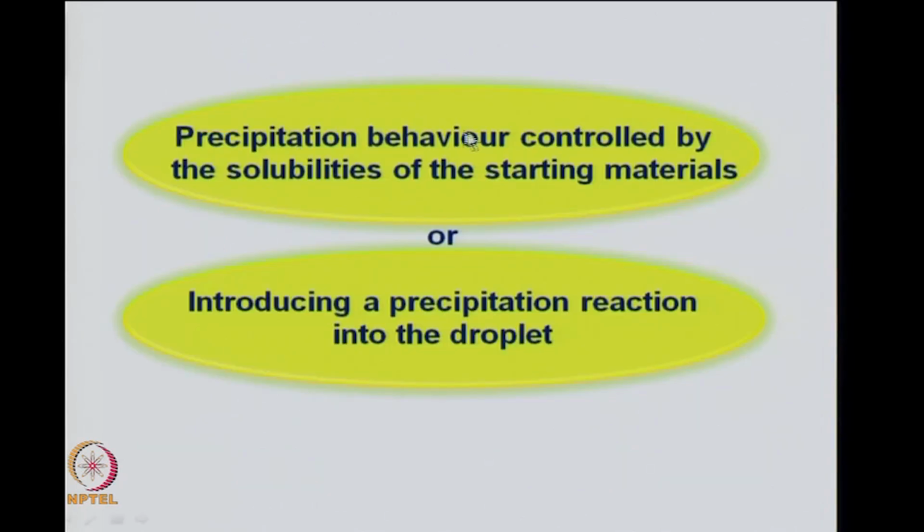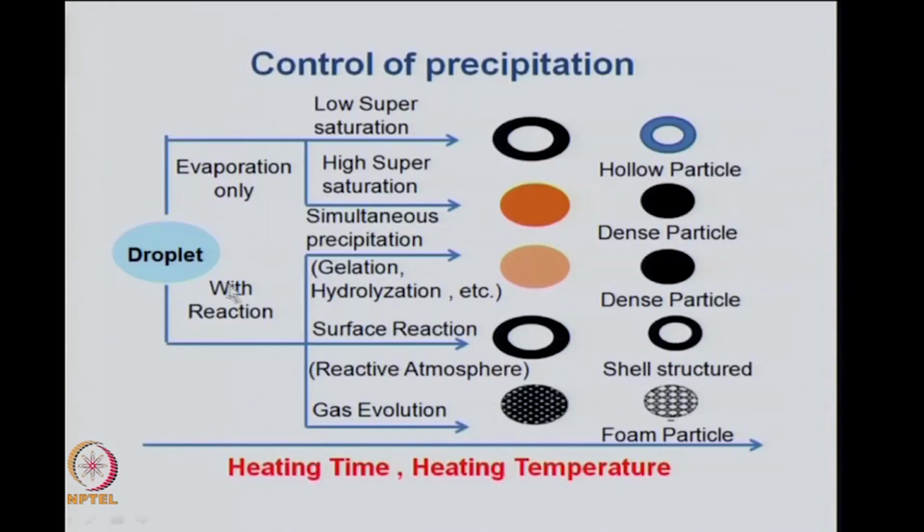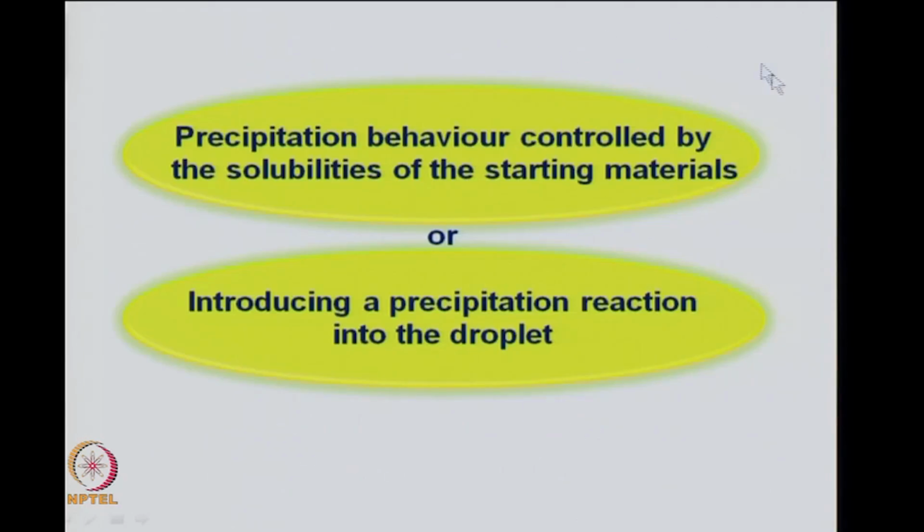So, it depends on the precipitation behavior by controlling the solubility, or you can introduce a precipitation reaction into the droplet, which is the second part. Can you introduce a reaction and then you can get either a dense particle or a shell type of particle or a foam type of particle. So, by both these you can control the morphology or the nature of the particle from the droplet.